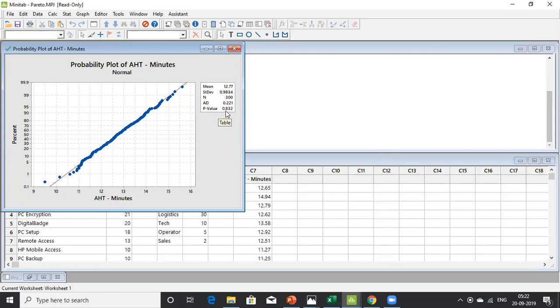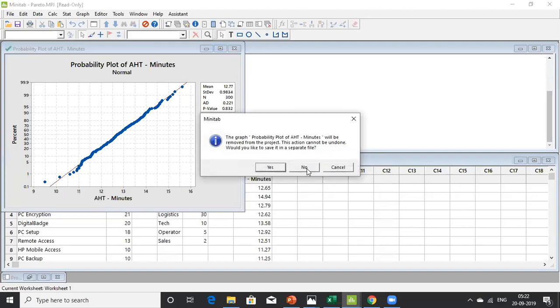So anything above 5% is good. So anything above 0.05 is good. It's not 0.5, it is 0.05. Right. Absolutely. So it means that this data is normal, right? Yeah, it tells you it's normal.